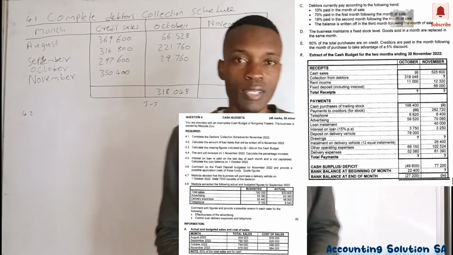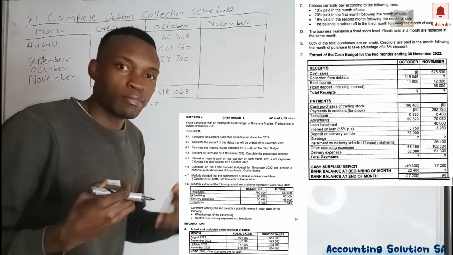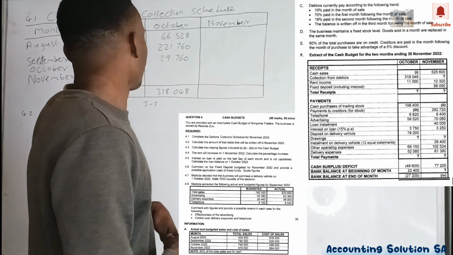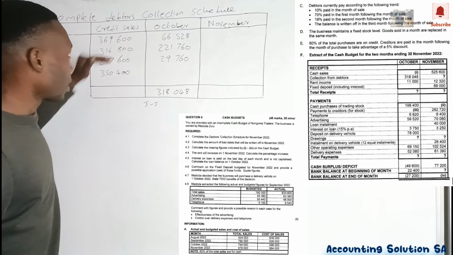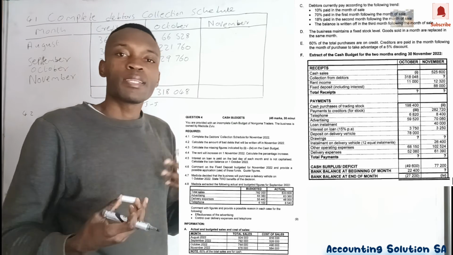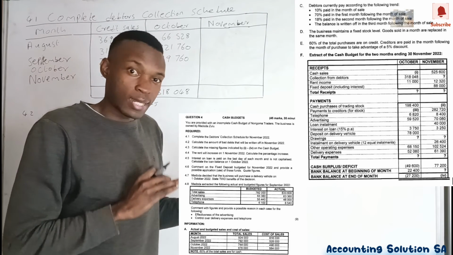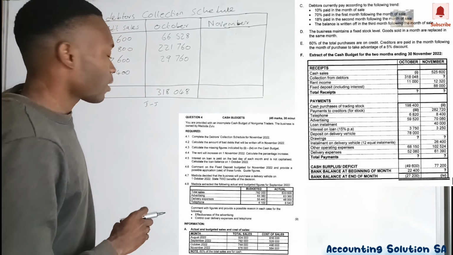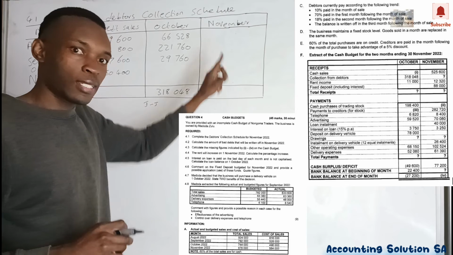Okay, it's very simple. Let's come here. I want to show you something so that it can be easy for you. We have a month this side, and we also have a month this side. If you find that they say you are going to pay in the same month, you have to do this, guys, so that at least you can get something. You have to check the months that are matching.